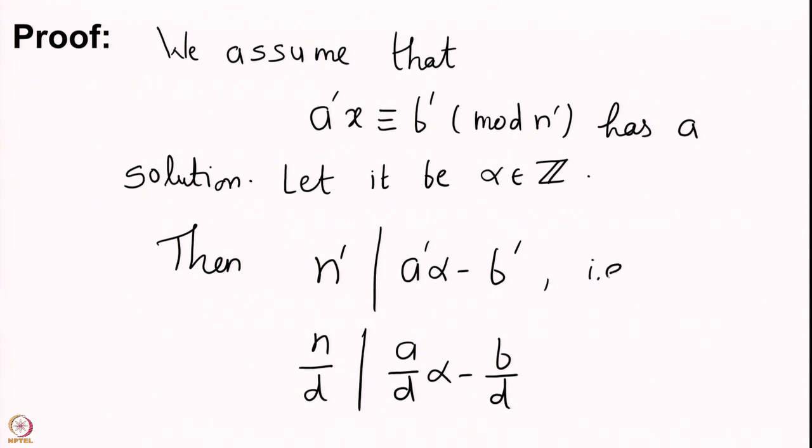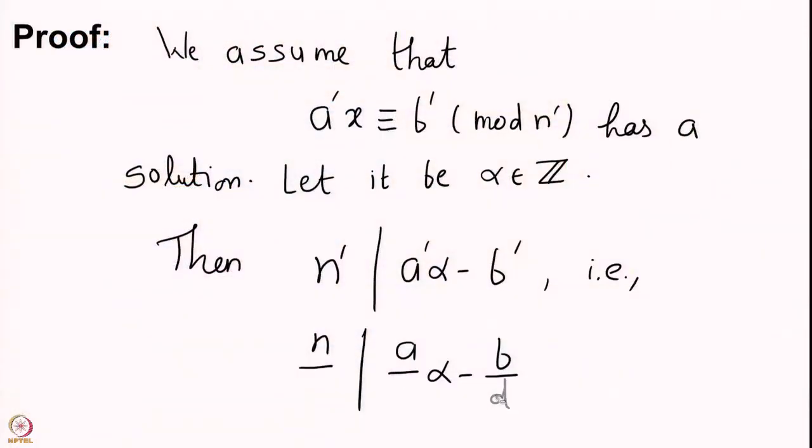Okay. So, this we are just rewriting this statement, because n prime is n upon d, A prime is A upon d and B prime is B upon d, or in fact there is no d, we have assumed that there is an integer m which divides all this, does not have to be equal to the GCD. So, we have this m coming here.